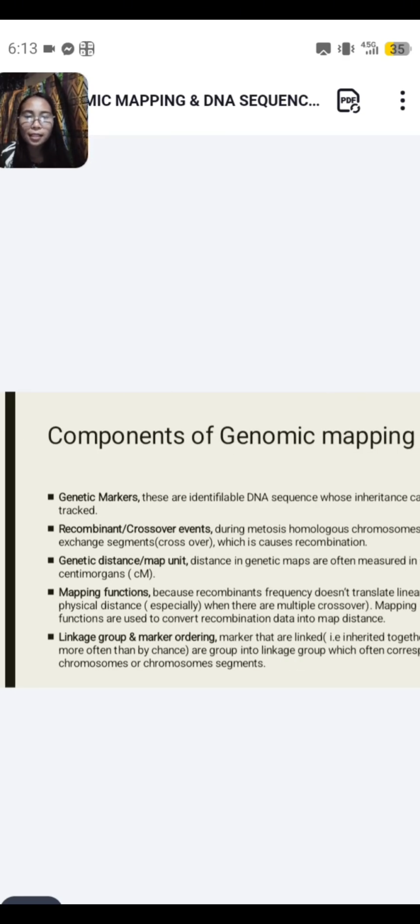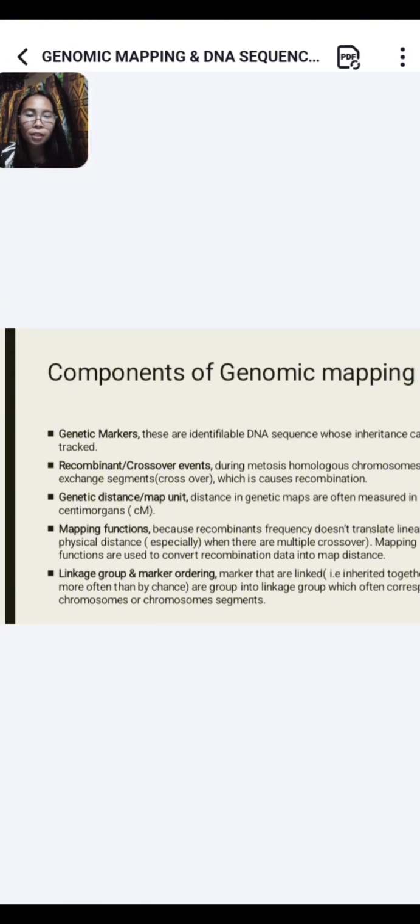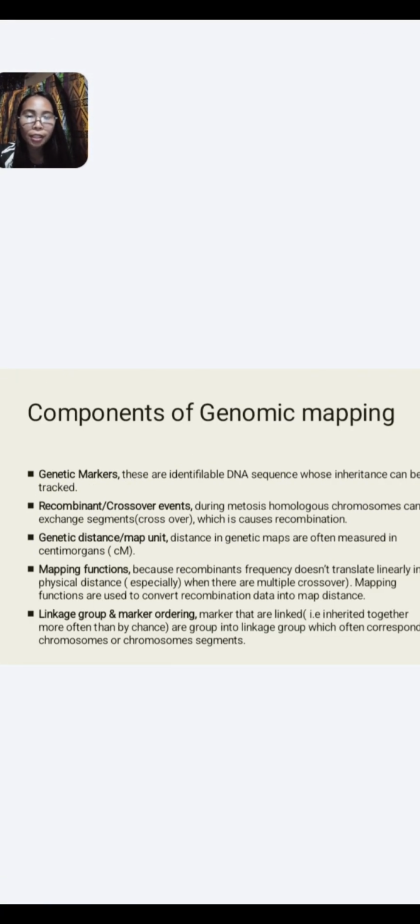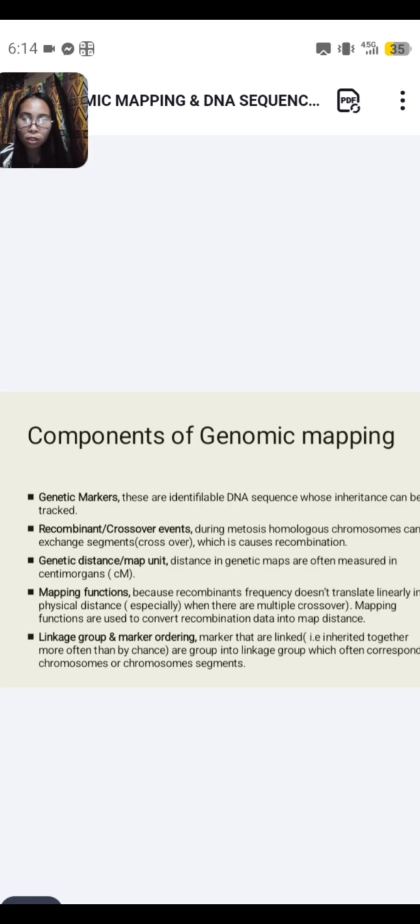So the next one is components of genomic mapping. There are five. First is genetic markers. These are identifiable DNA sequences whose inheritance can be tracked.